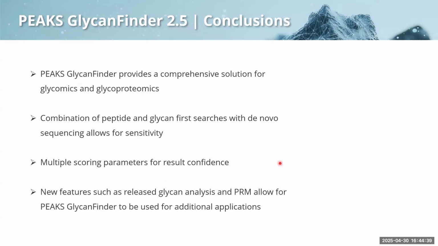There's multiple scoring parameters for the best result confidence. And as well, hopefully our new features, such as the release glycan analysis or the PRM, can help researchers to use this software for some more additional applications.